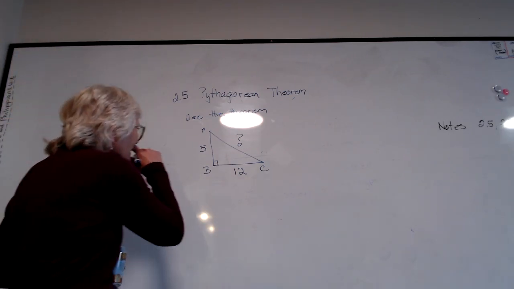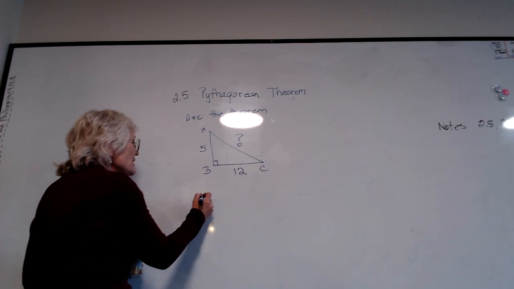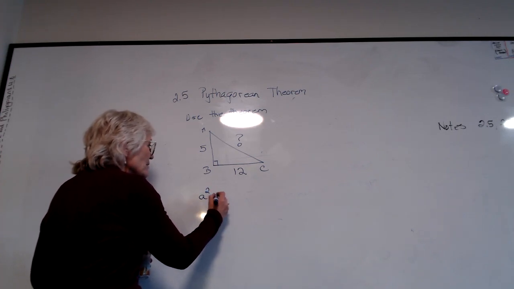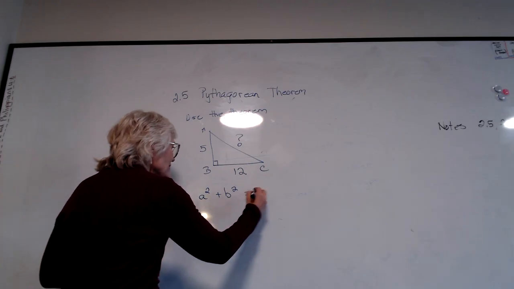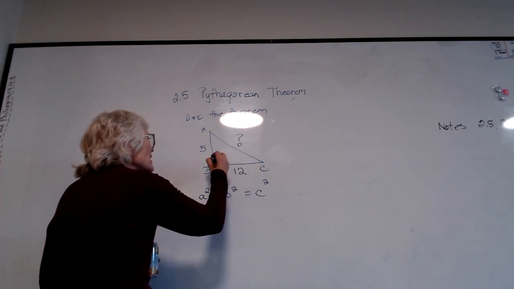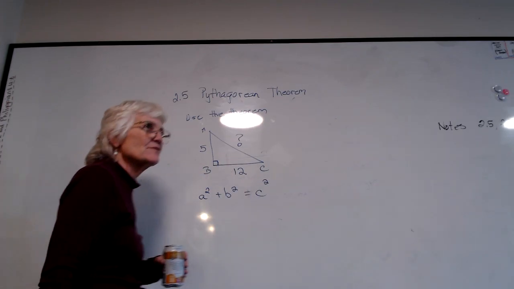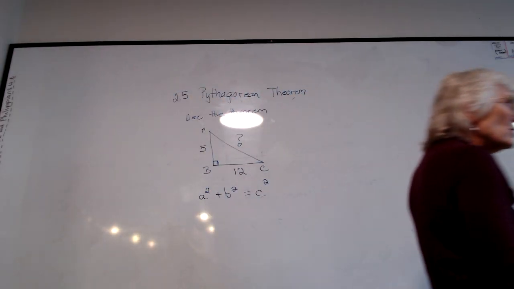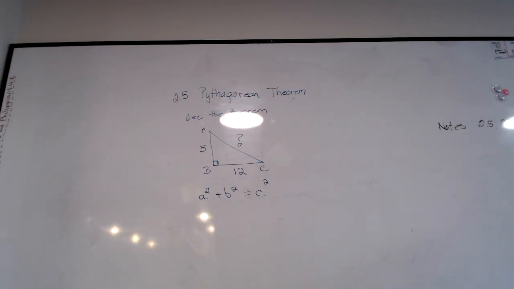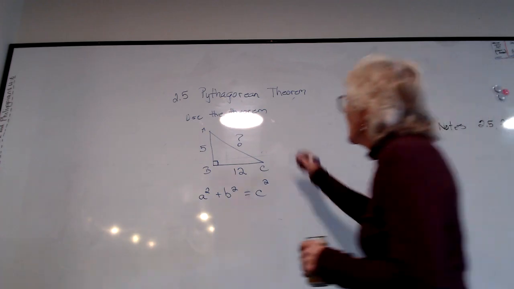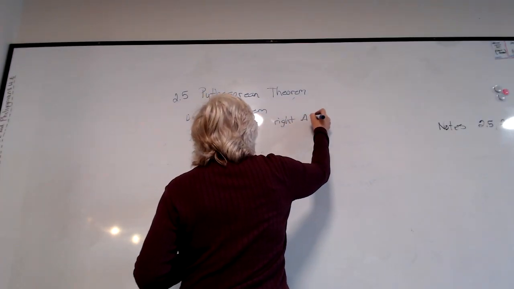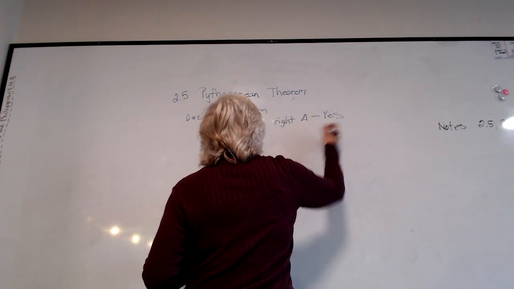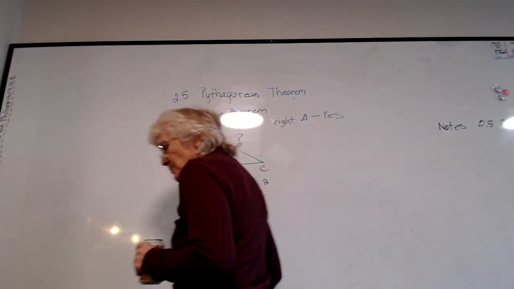Hypotenuse. Okay, so our formula is a squared plus b squared equals, not plus, equals c squared. We know that's true because it's a right triangle. Okay, I check. Right triangle? Yes. Okay, that means this is true.